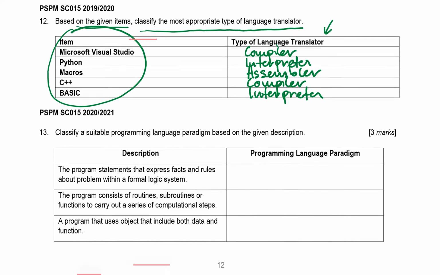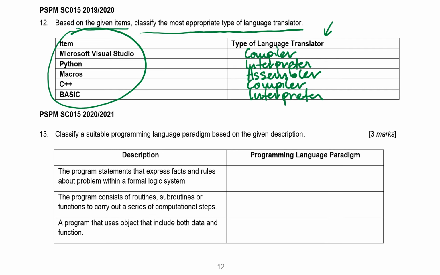And the last one is question number 13. Actually, the programming language paradigm was in the previous tutorial, question 1B. So now for question number 13, you have to identify the programming language paradigm. Do you still remember? For programming language paradigm, you have procedural, OOP, and also logic.